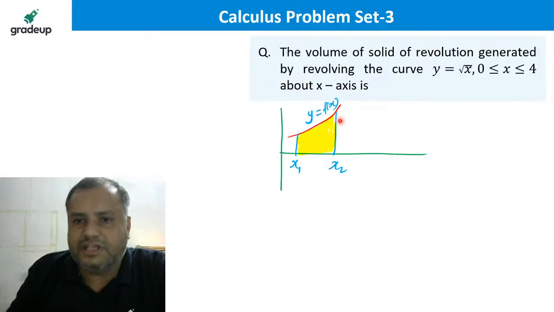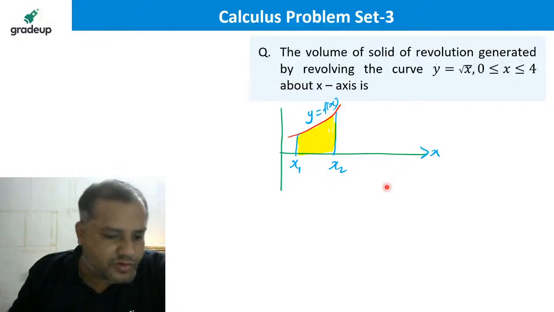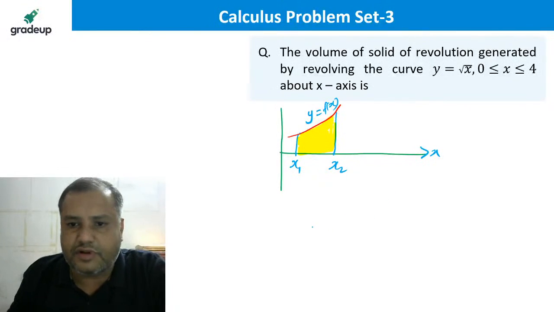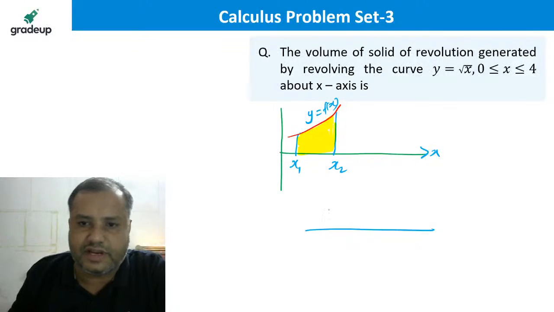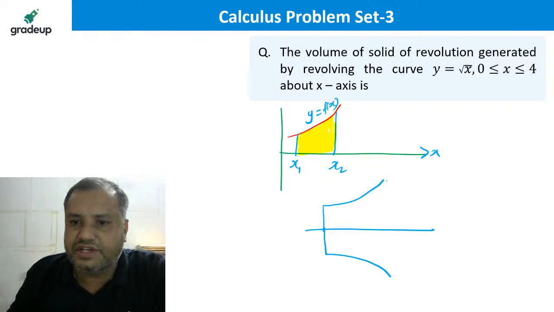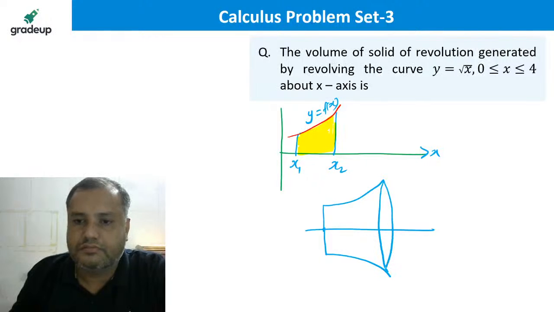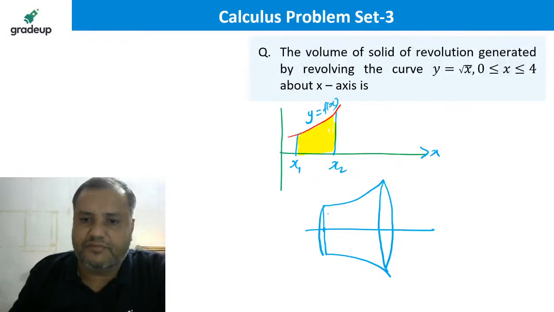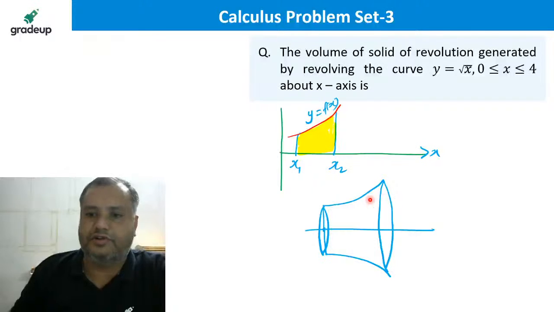If you revolve this bounded area about the x-axis, what will you get? You will be getting a 3D shape. This 3D shape is called a solid of revolution.